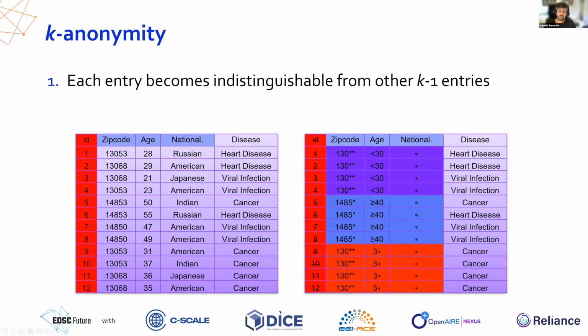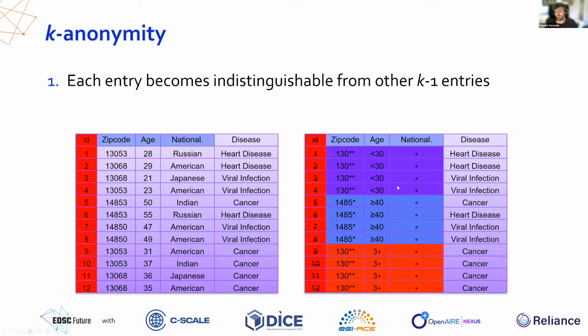Now, by reducing the accuracy of the presented information, for example, transforming the exact age to age categories, we can create groups of K, where K is equal to 4 here, of identical tuples with respect to these fields that we call quasi-identifiers, and they can be used to identify a person.